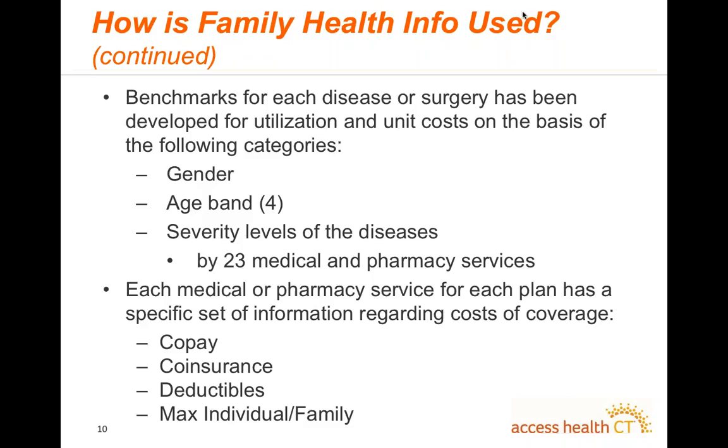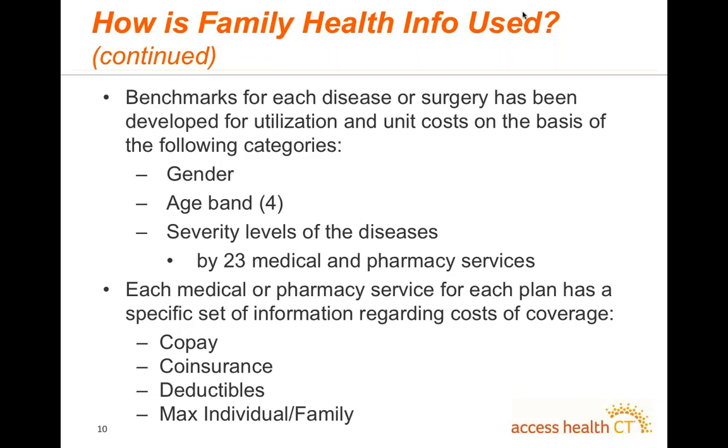As I was saying, some more details: the benchmark for each disease or surgery has been developed, and we have gender, as I say, age band, 4 of those, severity of disease, there are 3 of those, by 23 medical and pharmacy line of services. And for each medical or pharmacy service, each plan has a specific set of information regarding cost of coverage like copay, coinsurance, deductibles, and max individual and family.